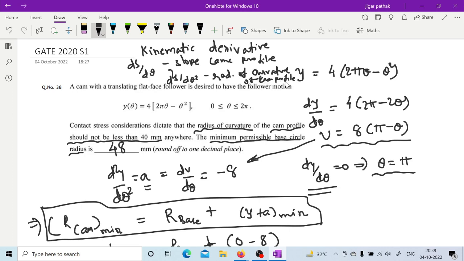Here the minimum cam profile radius is given, so based on that you need to find the minimum permissible base radius.